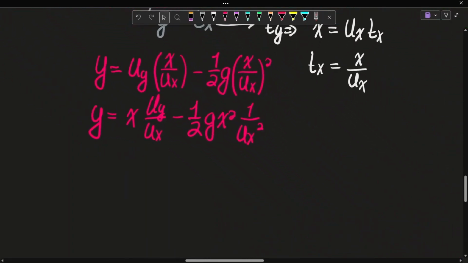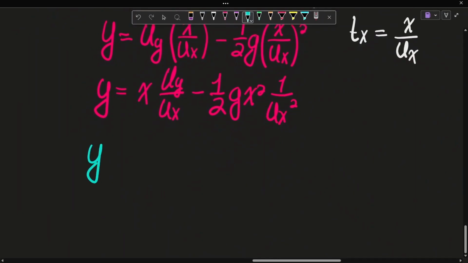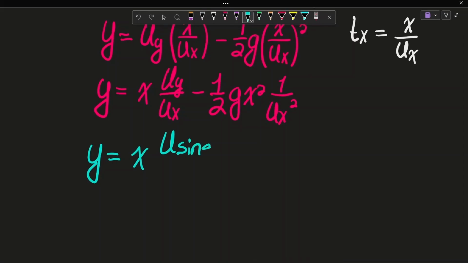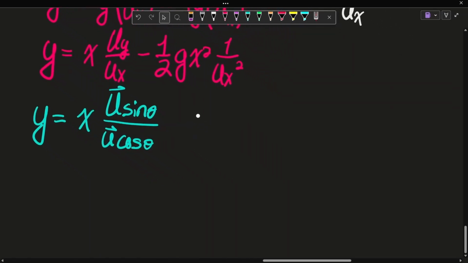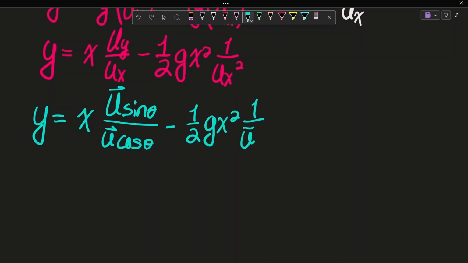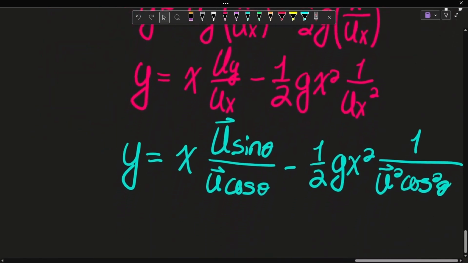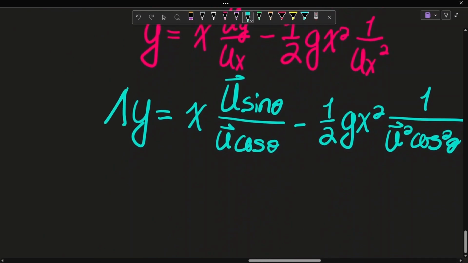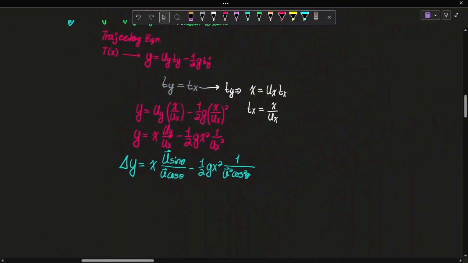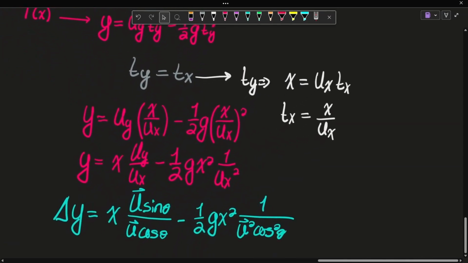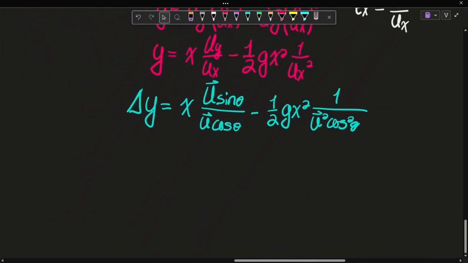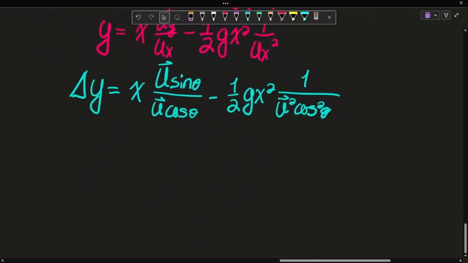Plugging that back in, we get that y is equal to x u sine theta over u cos theta, minus 1/2 g x squared over u squared cos squared theta. And we can also say that this y is also the change in y. It doesn't matter, but that distinction helps for the next part.